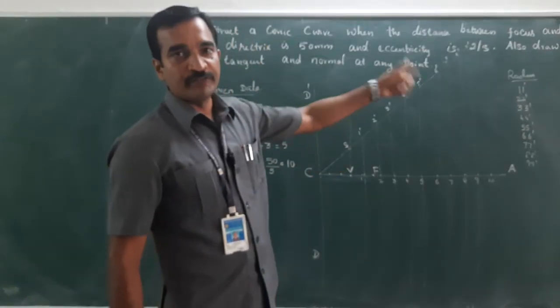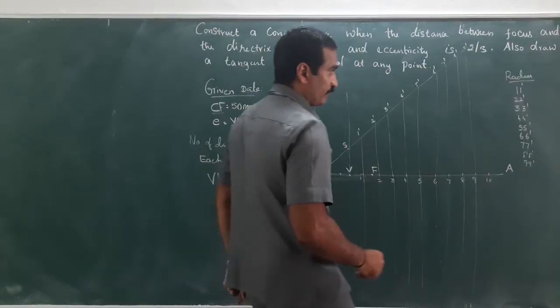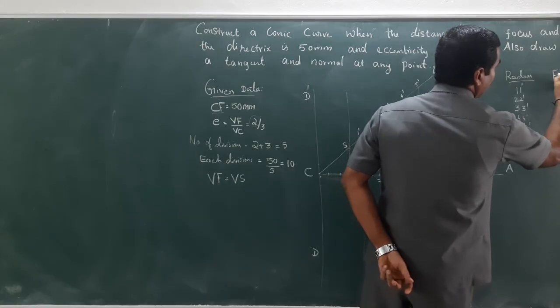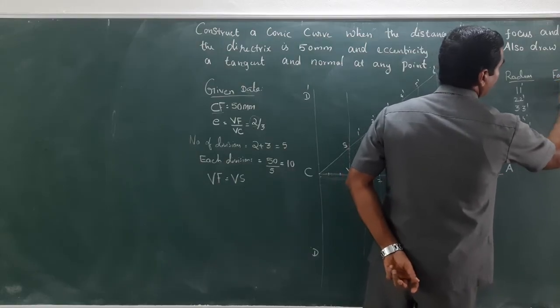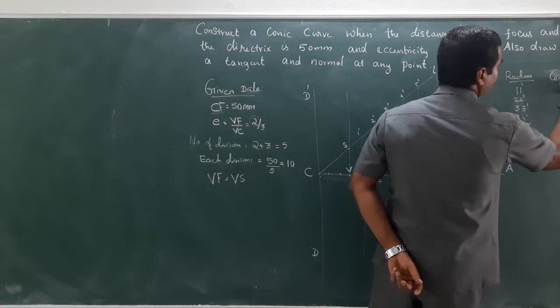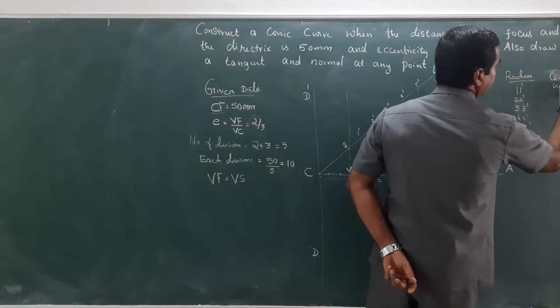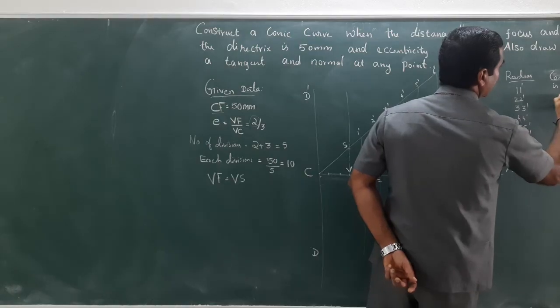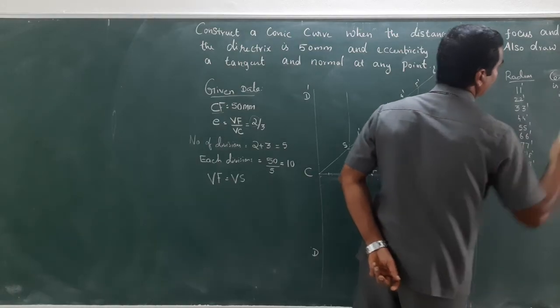Here the radius varies, whereas the fixed point, which is the focus, is fixed. That means the center is fixed.